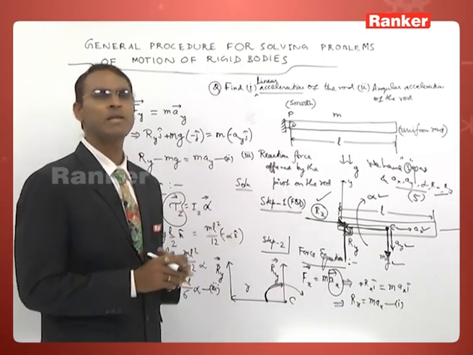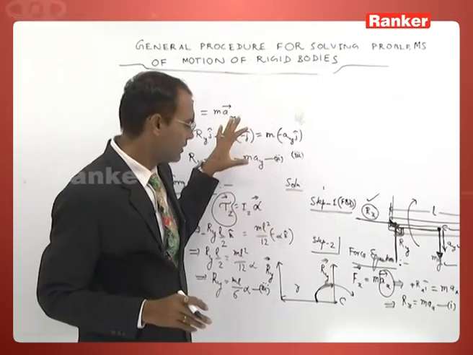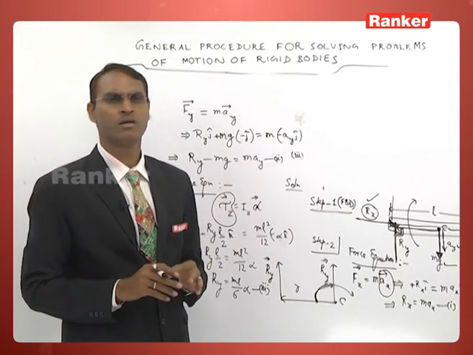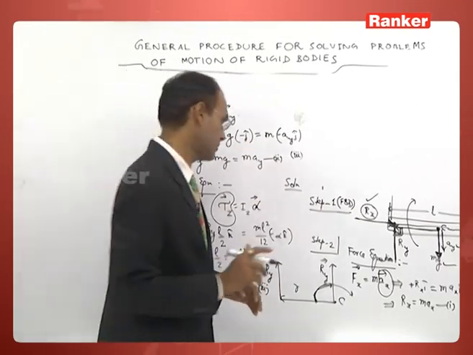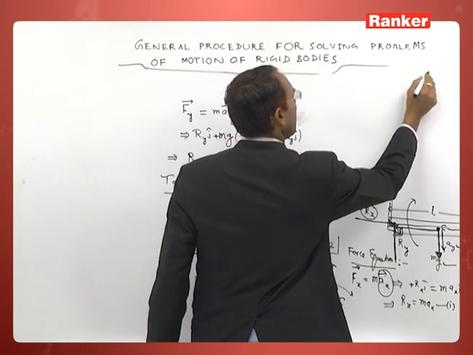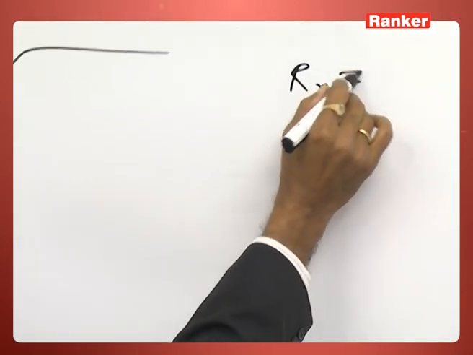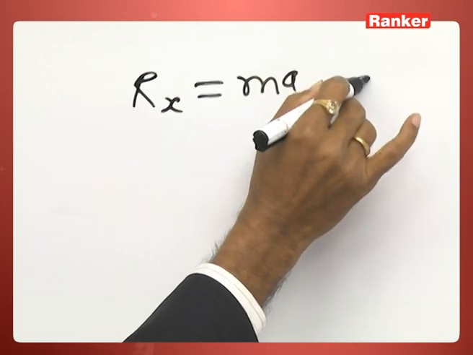So, we need to write the kinematical equations now. Tabulate all these equations we have obtained so far. Rx is equal to m into Ax, equation number 1.